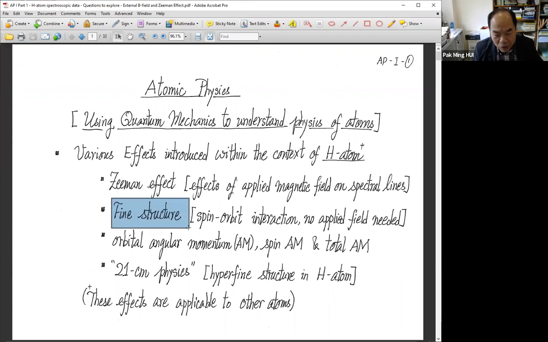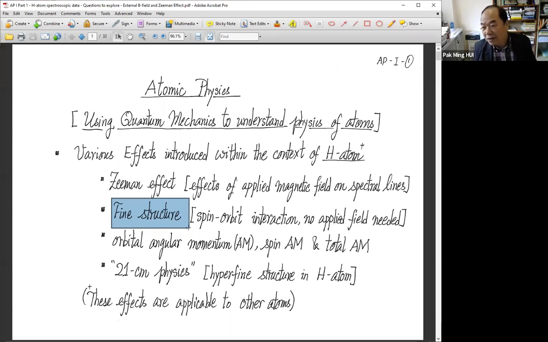Then there is something very interesting that happens experimentally, even without an applied external field. That is to say, you don't need to buy a magnet, but it's always there. It looks as if, even if you don't apply an external magnetic field, there is an internal magnetic field.